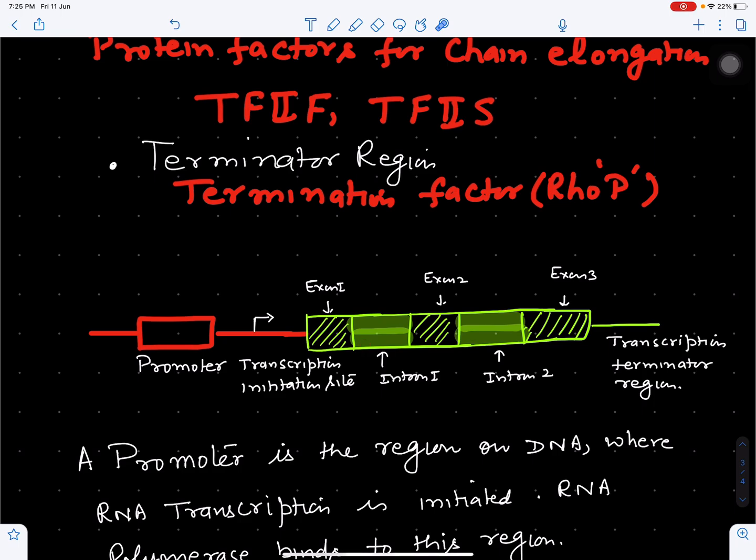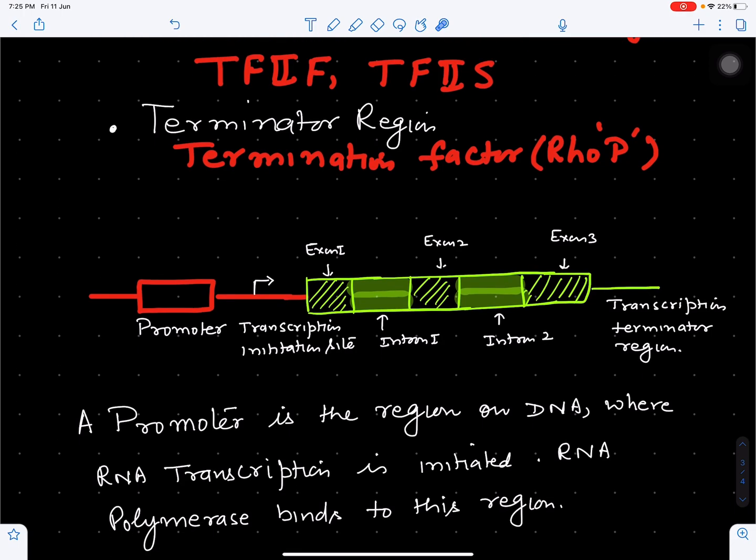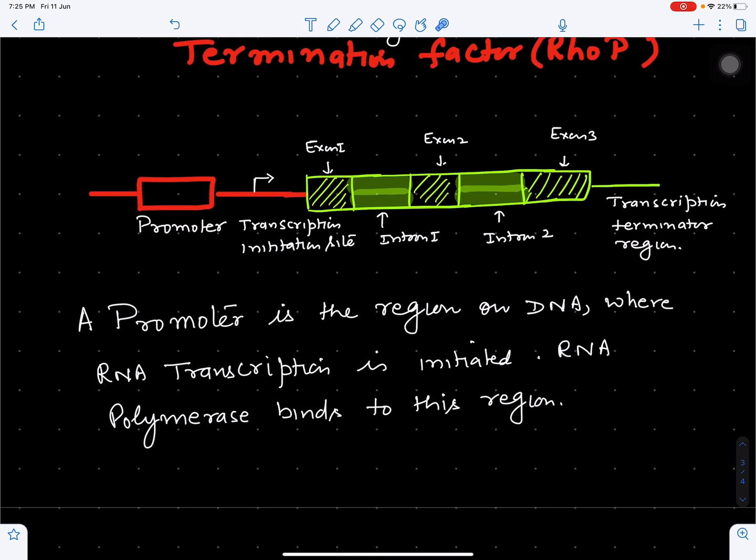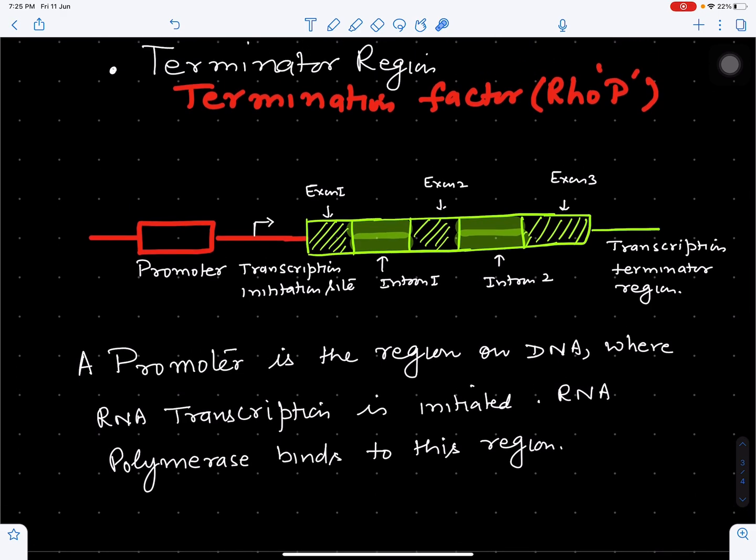That is called processing. This is the point where RNA formation is terminated, called the transcription terminator region. The promoter region is present on the DNA, and it is the region where RNA polymerase will bind and start transcription. So this is about transcription.